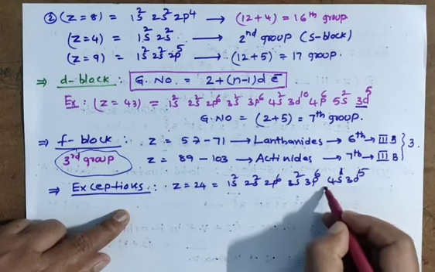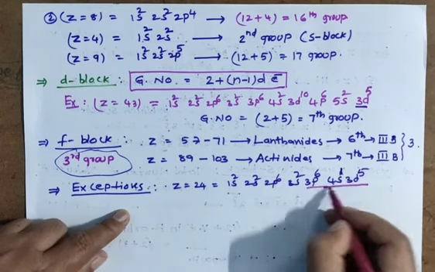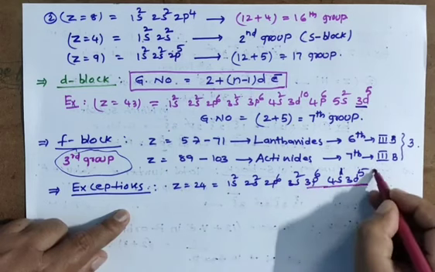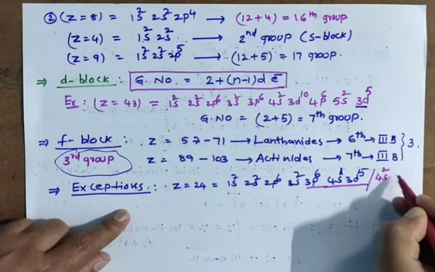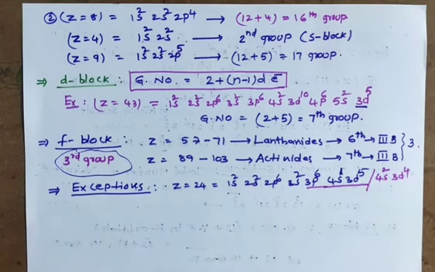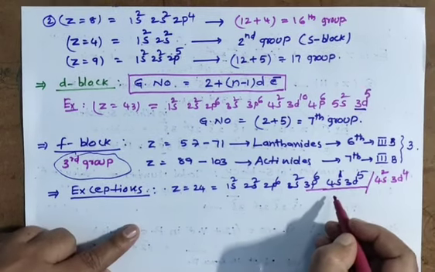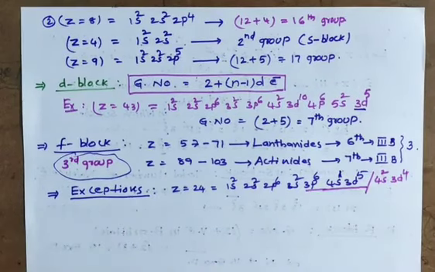Exception case. This is the actual electronic configuration. But what we generally expect is the configuration 4s2, 3d4. This you have to take. You should not take the actual configuration. This is actual, this is expected. You have to take expected only.